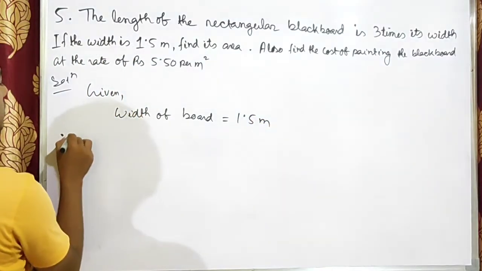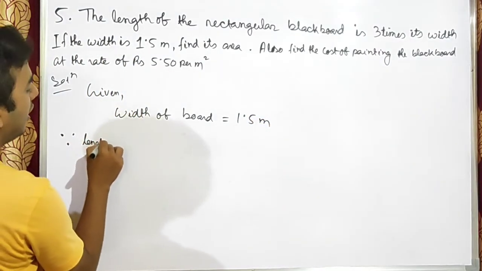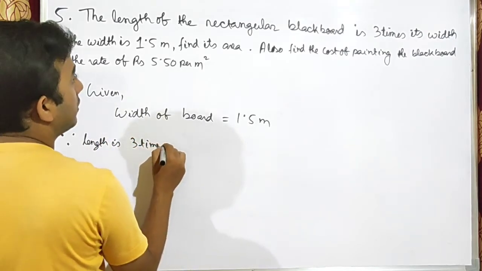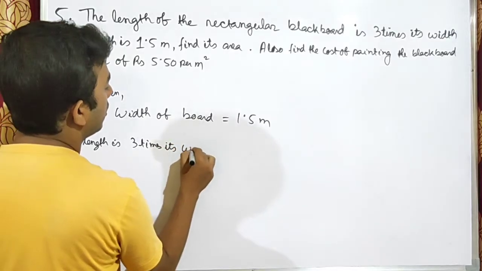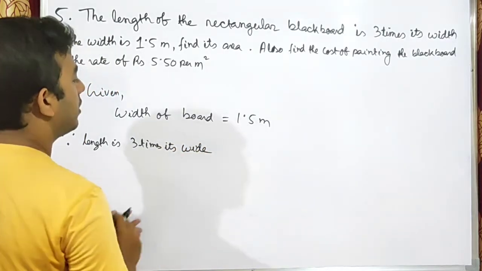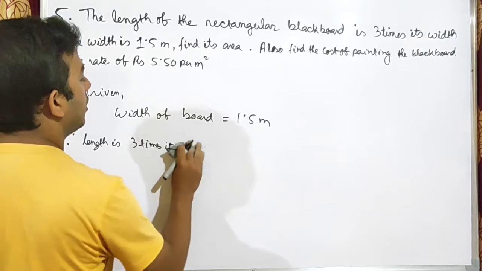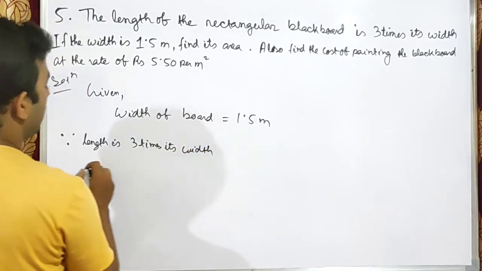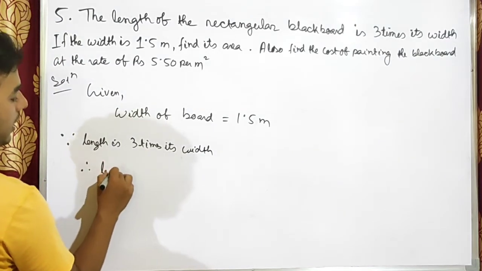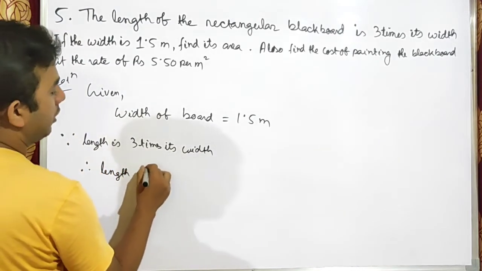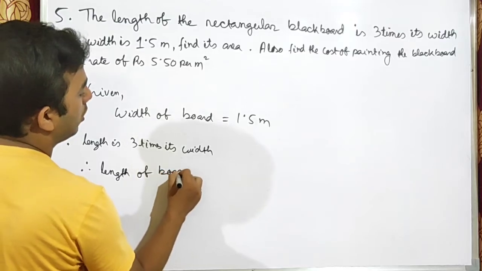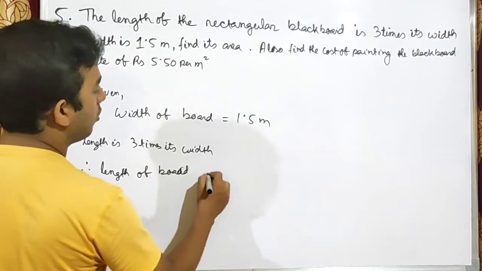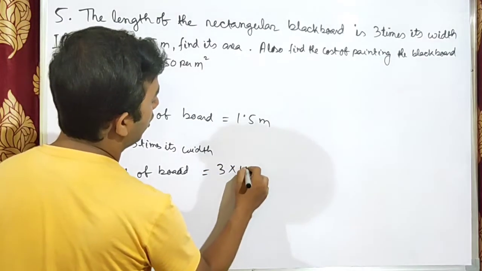Since length is 3 times its width, therefore length of board is 3 into 1.5.